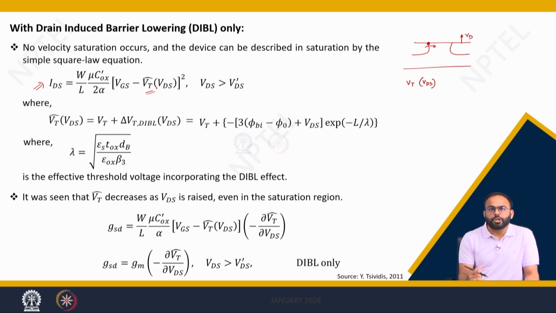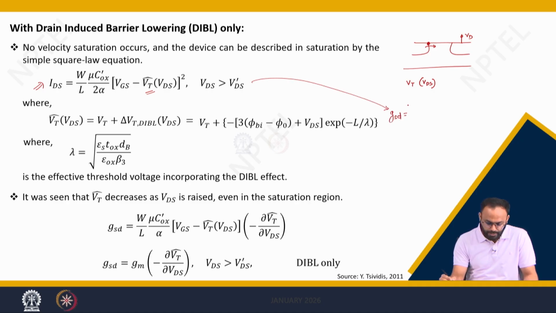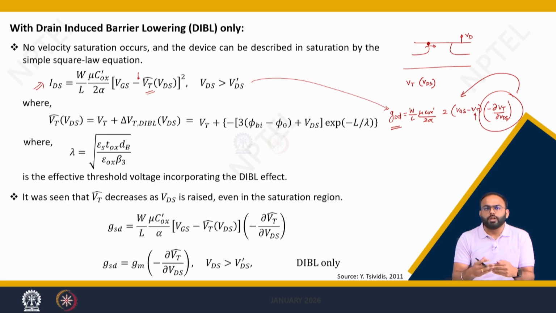Now, VT becomes a function of VDS, it is no longer constant, and now when you calculate GSD, what will happen? W by L into mu into Cox dash divided by 2 alpha, this will give you 2 times VGS minus VT, where I considered VT as constant now, but you have to calculate delta VT divided by delta VDS, and because of this negative sign, a negative will come. So, in GSD this factor should be multiplied, that will actually reduce your error.